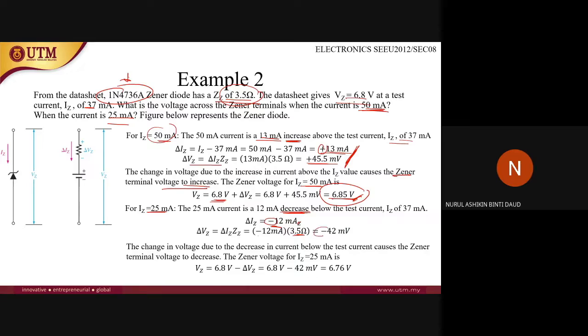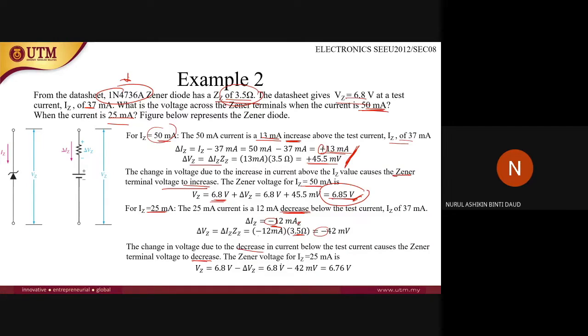Minus means the voltage is decreasing. The change in voltage due to the decrease in current below the test current causes the Zener terminal voltage to decrease. Since the current is decreasing, the voltage decreases too.